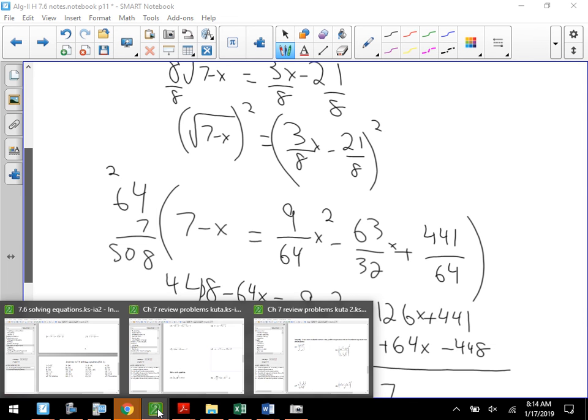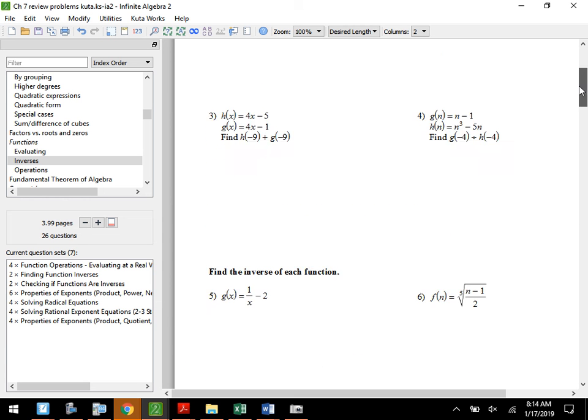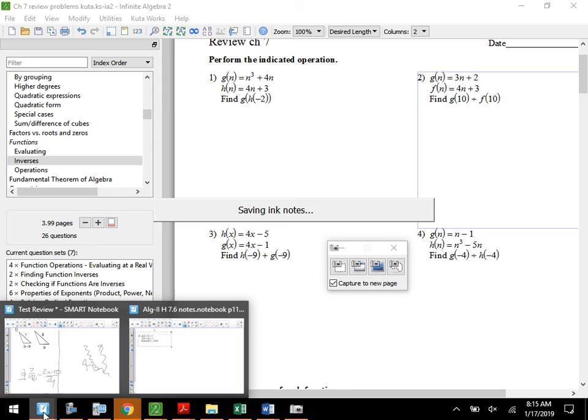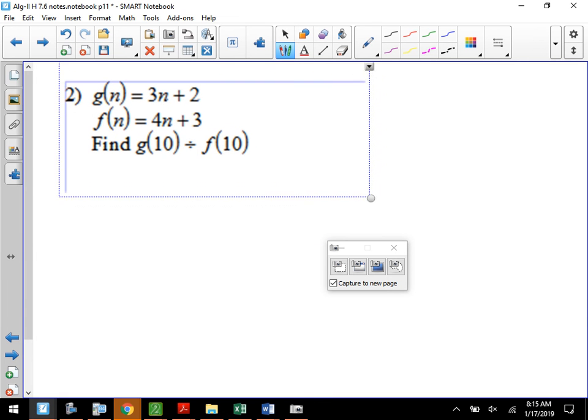Okay. So a question came up about what you are doing when you have all these numerical values in function notation. When you have a numerical value in function notation, you just substitute it in. For example, number 2 asks, what is g of 10 divided by f of 10?